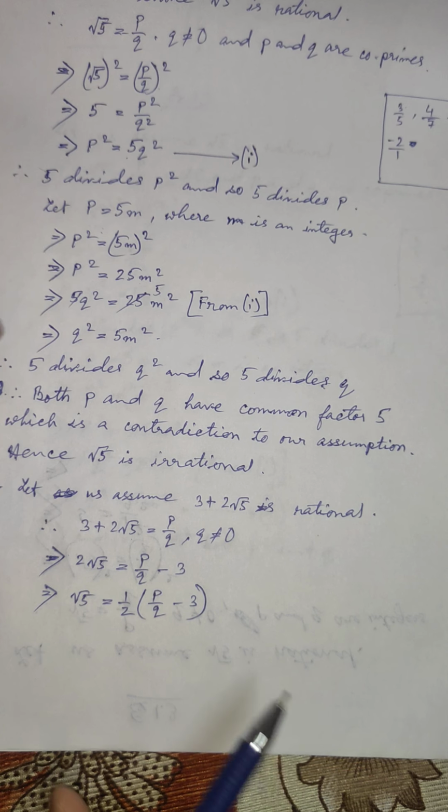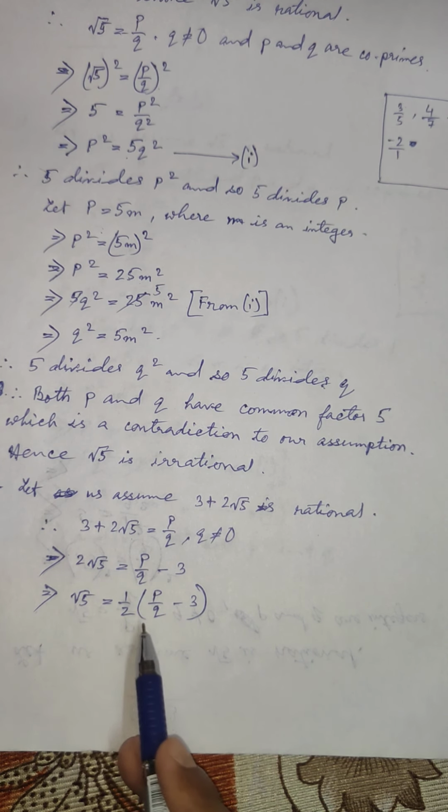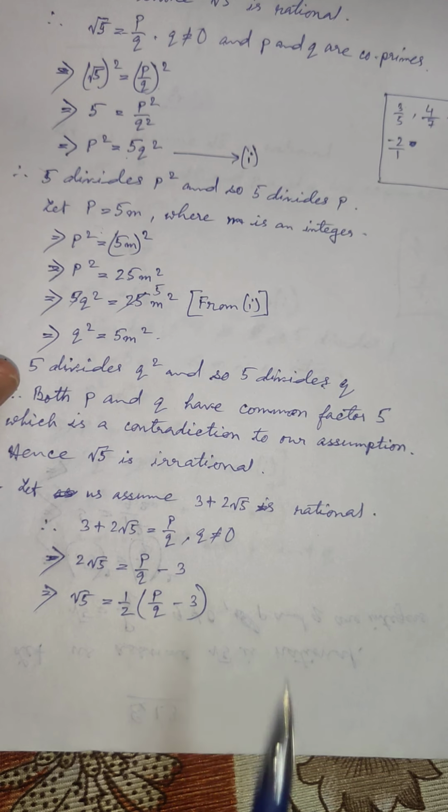Root 2, root 3, root 5 are irrational numbers, which we have already proved. Now I am just showing the value. So the value of root 5 is 1 by 2 into p by q minus 3. p and q are integers, 2, 3, 1 are also integers.